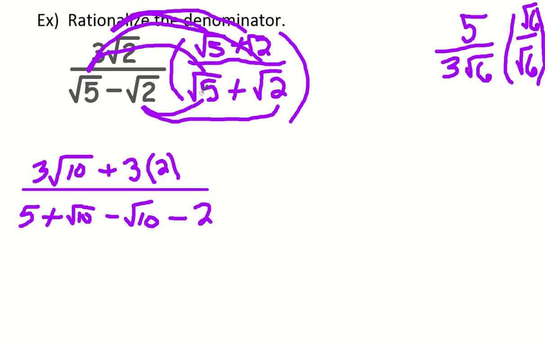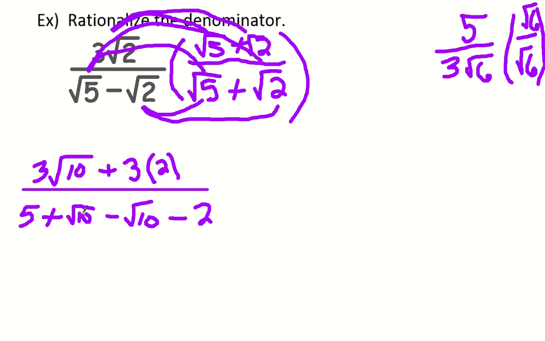Now you can see why the plan comes to fruition, right? Now you can kind of see why it needed to be the conjugate, why this needed to be root 5 plus root 2 and not root 5 minus root 2. Because look at what you get here.